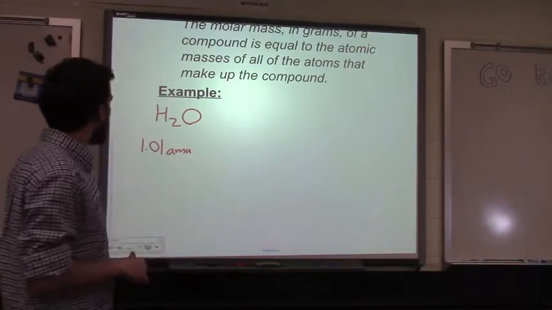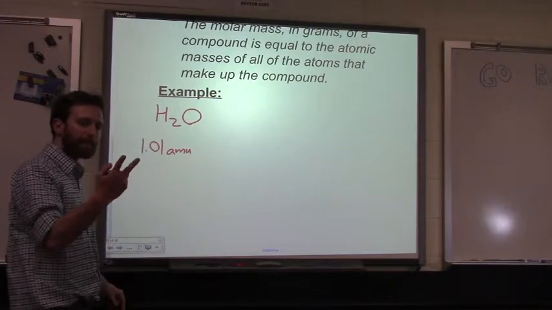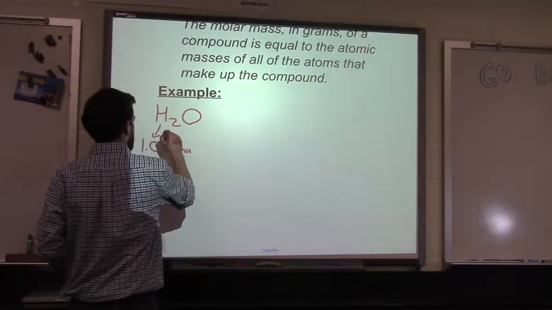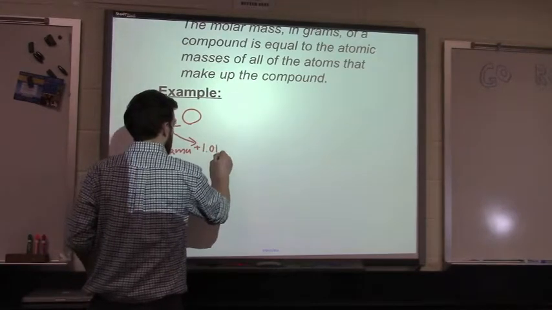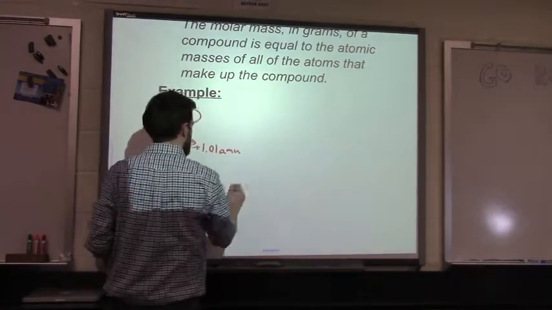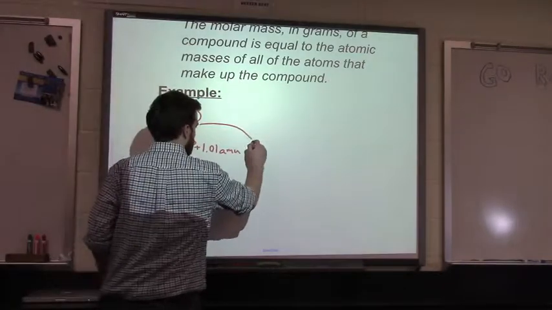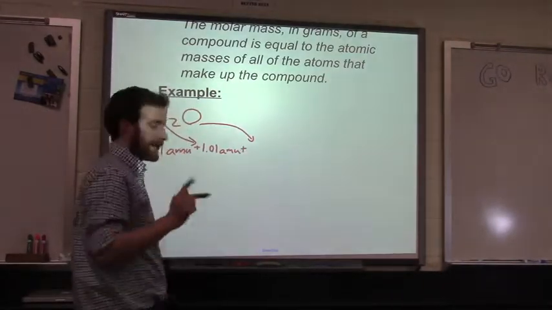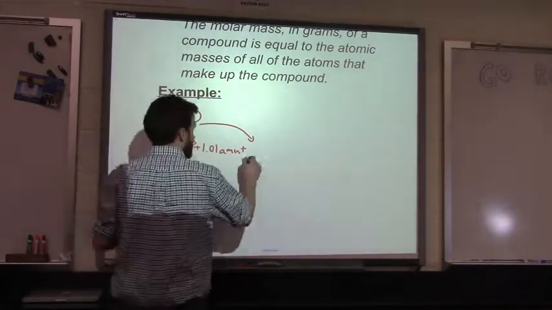So I have that 1.01 for 1 hydrogen atom, but I have 2. So I need to add that second hydrogen atom on, 1.01 atomic mass units, plus I've got the 1 oxygen atom. So I've got to add that on as well, which we said up there was 16 atomic mass units.